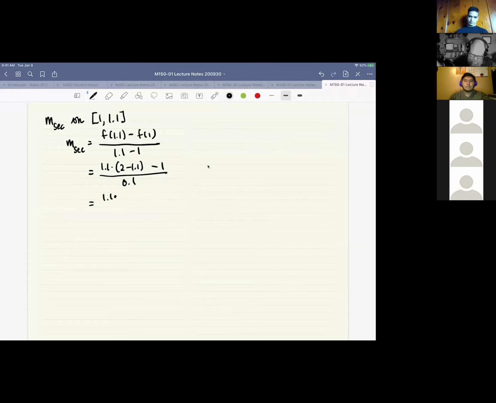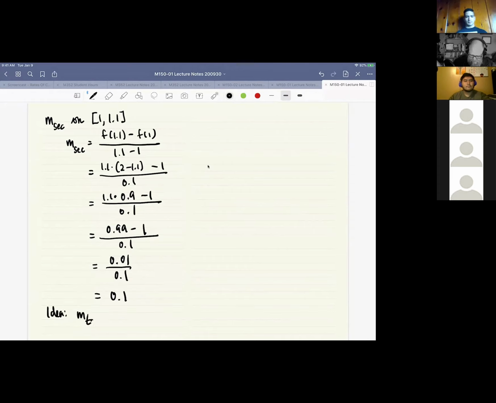So I've got 1.1 times 0.9, which I think is 0.99. And 0.99 minus 1 is 0.01. And so 0.01 divided by 0.1, that's 0.1. So this tells us that the slope of our tangent line that we're looking for is approximately equal to 0.1.